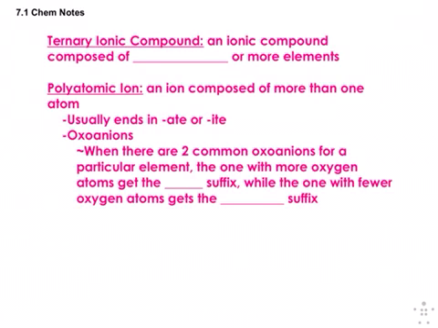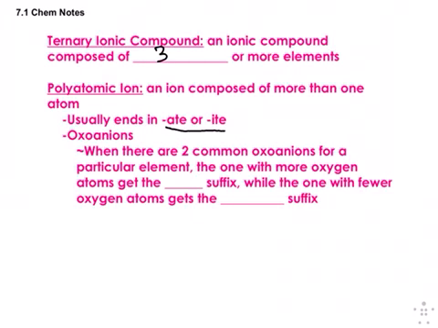Ternary compounds. These are ionic compounds composed of 3 or more elements. This will include your polyatomic ions. A polyatomic ion is an ion composed of more than one atom. If we're looking at its word name, it usually has an ending of -ate or -ite.